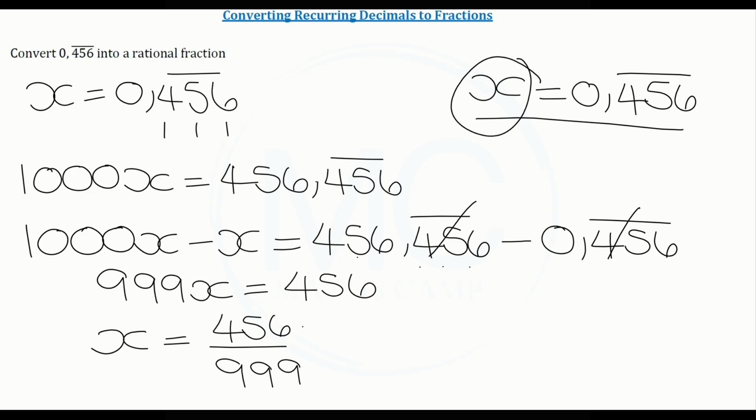Both 456 and 999 are divisible by 3. So let's simplify. And we see that x is equal to 152 over 333.